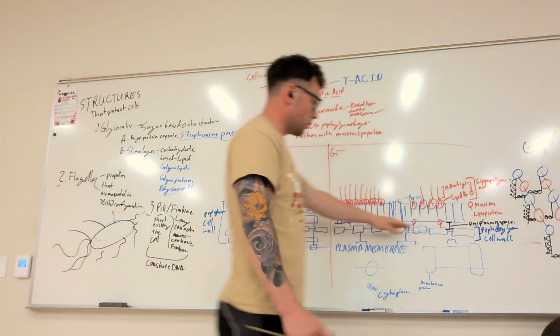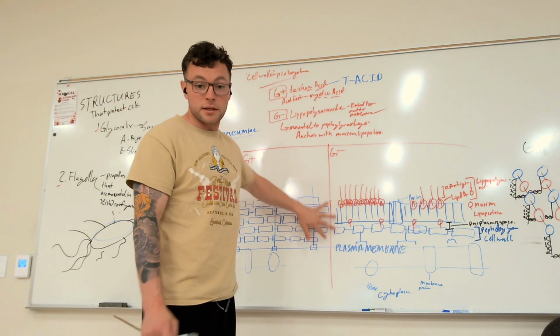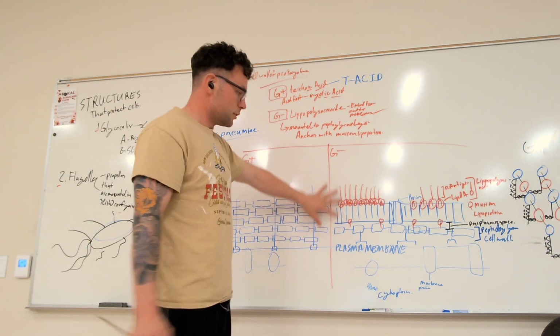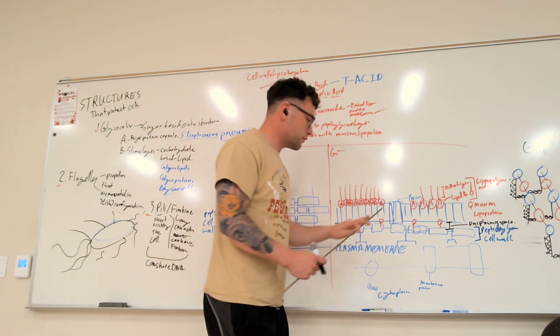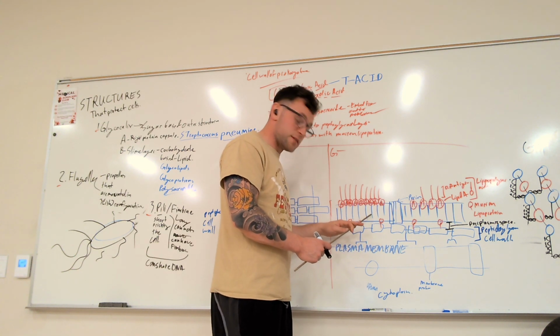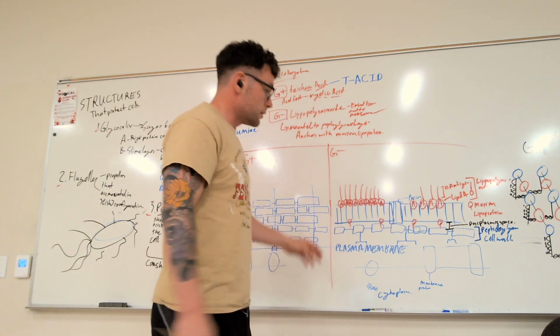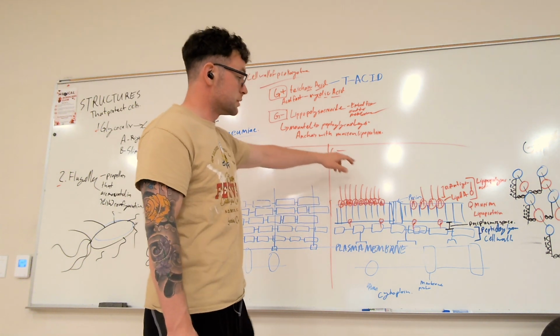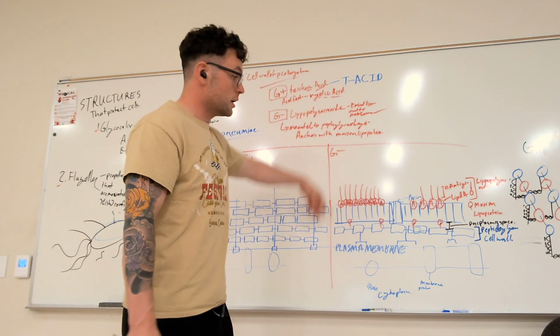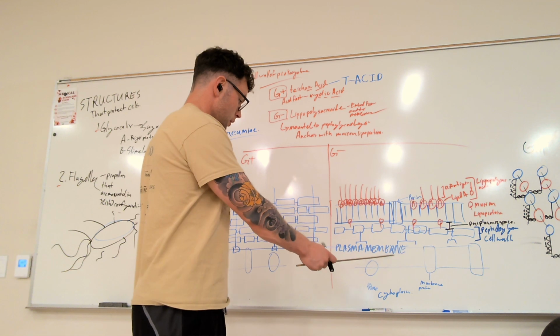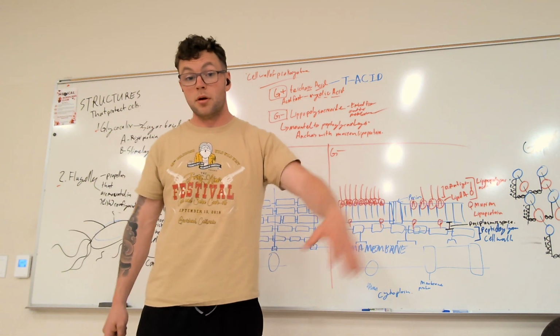So this is the cell wall, right? And it very well might be as thick as this. This wall, but right, now you've got another plasma membrane. So you've got another one, an outer membrane, right? And this outer membrane uses these murein lipoproteins to mount onto this plasma membrane through the wall.